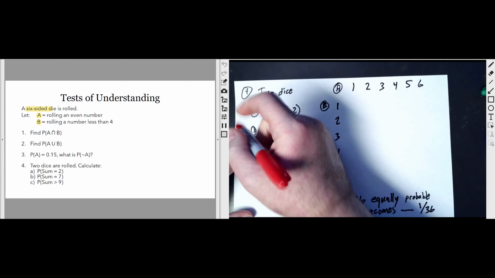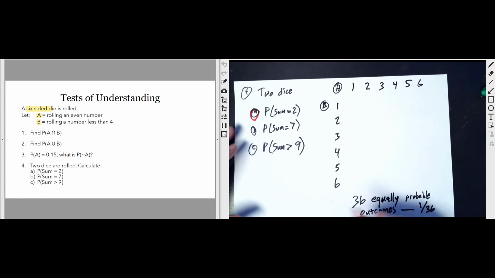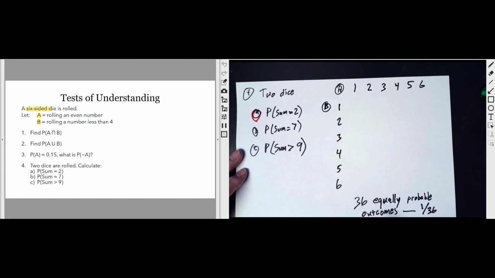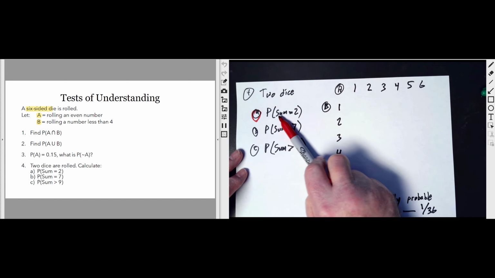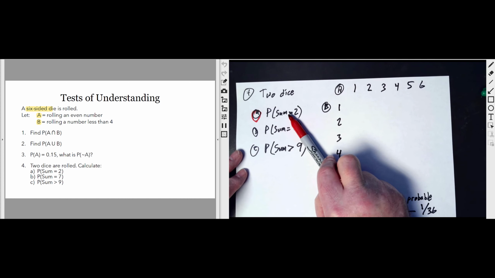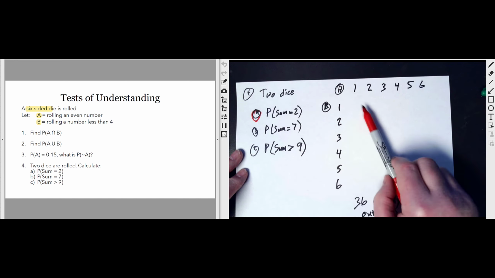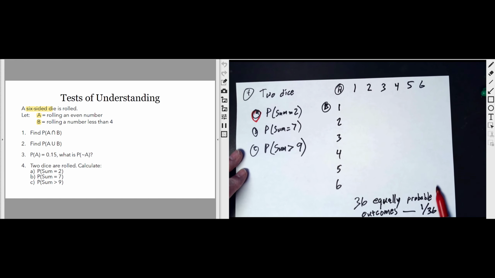All right. Now, what is the probability that we get a sum of 2? We'll call that our red event. So what is the probability of the event that the sum of the pips is 2? Well, we can fill in this table here with the sums of all of the pips, and then count the number of outcomes where the sum is 2.